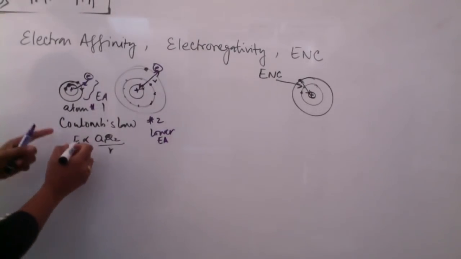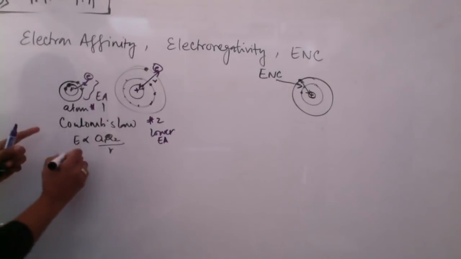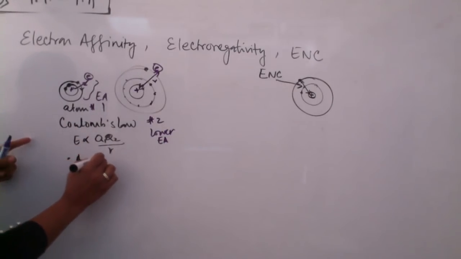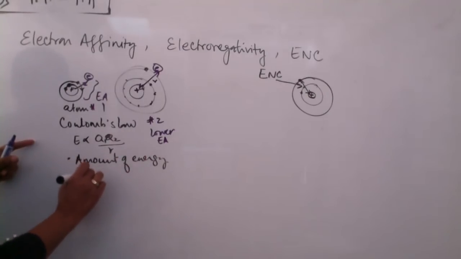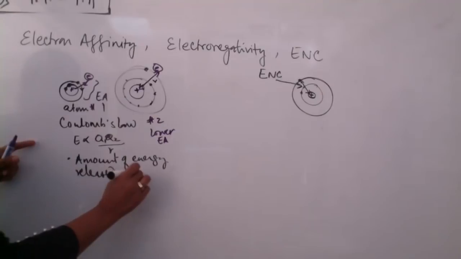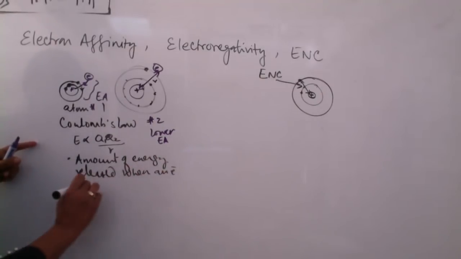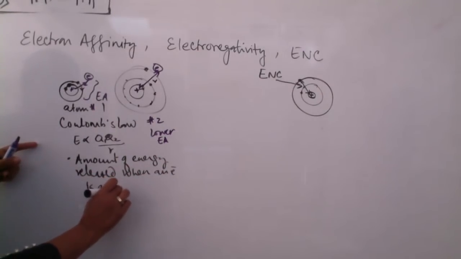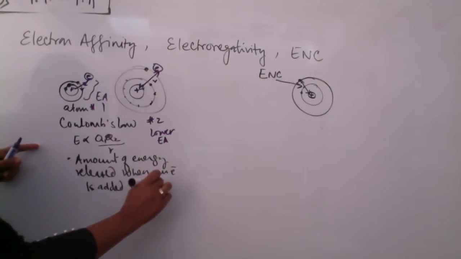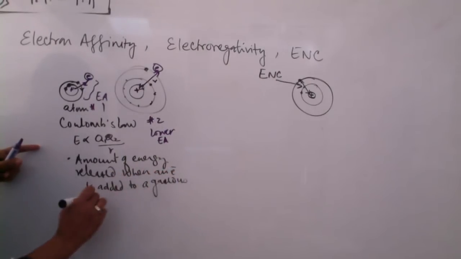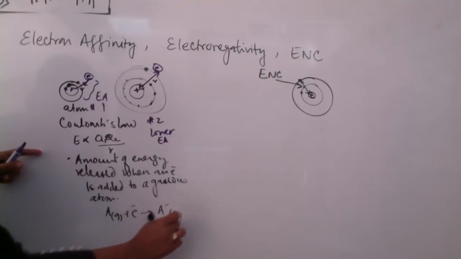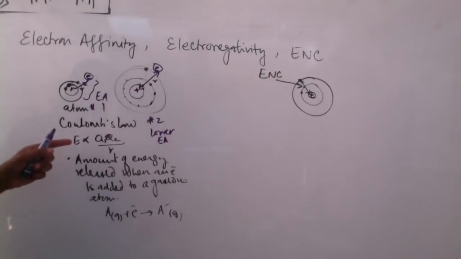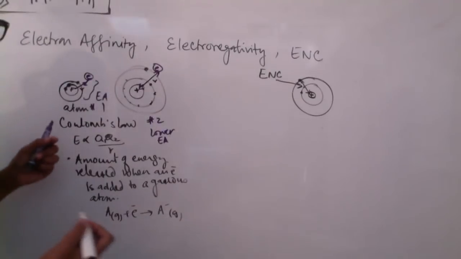Another thing is electron affinity is actually the amount of energy released when an electron is added to a gaseous atom in its neutral state. So if you have an atom and you add an electron to it, it forms an anion, and whatever amount of energy is released, that is called electron affinity.